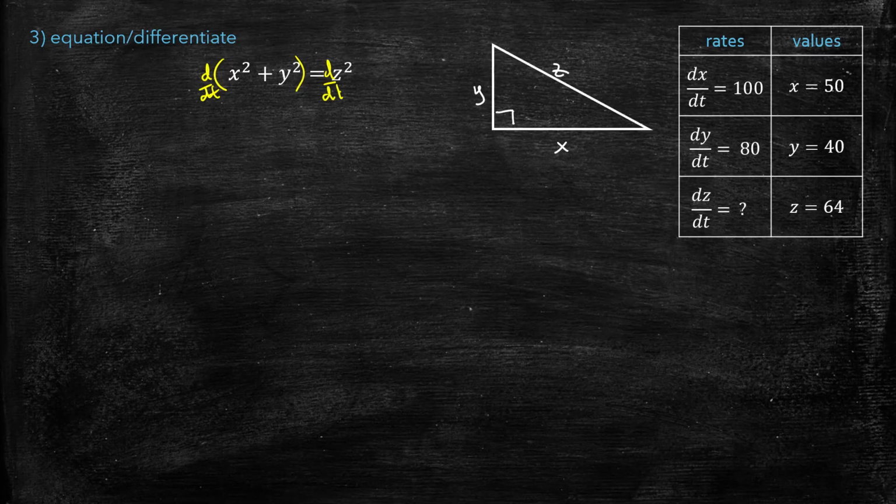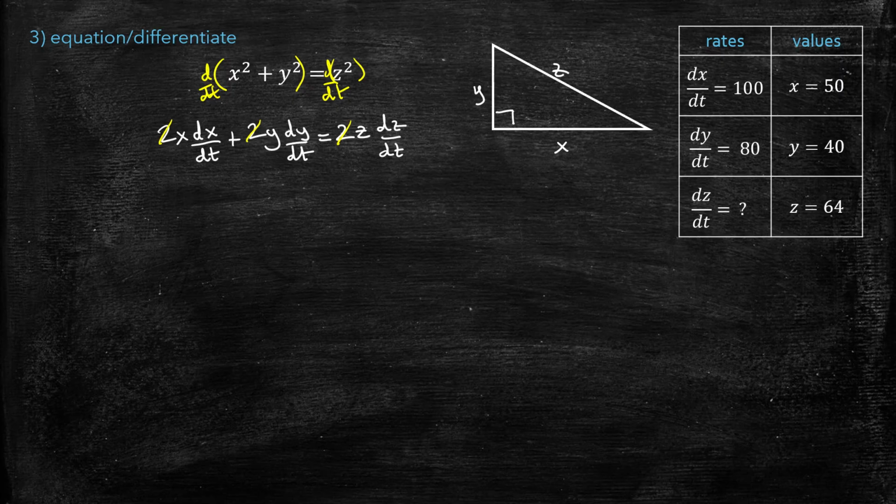So d by dt of z squared. And we would get, by implicit differentiation, 2x times dx by dt plus 2y times dy by dt equals 2z times dz by dt. And you can see that the 2's are going to cancel, so we can get rid of those.